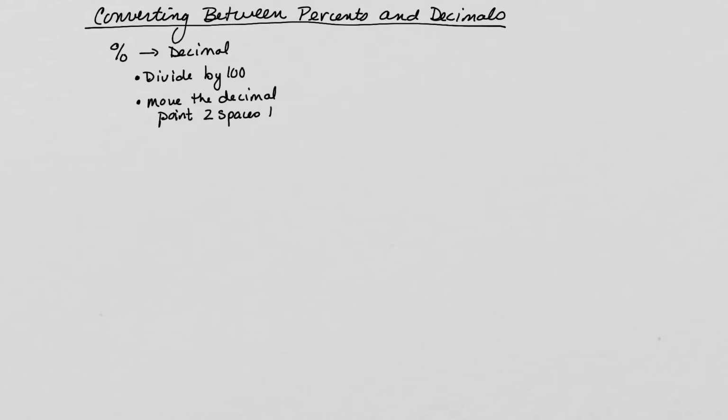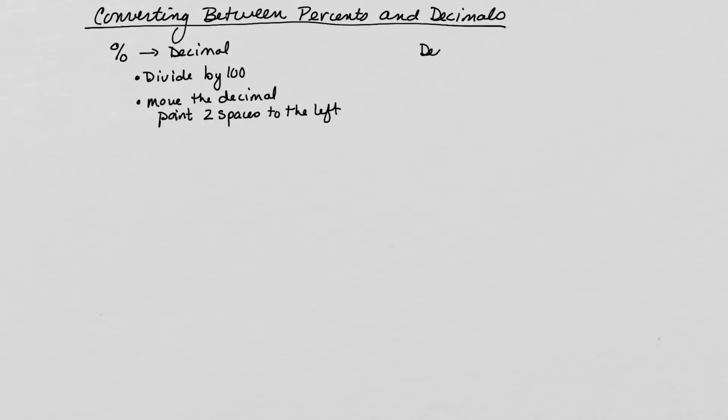Remember, if you want to take a percent to a decimal, you could do one of two things. You could either divide by 100, or the easier, quicker way was to move the decimal point 2 spaces to the left.